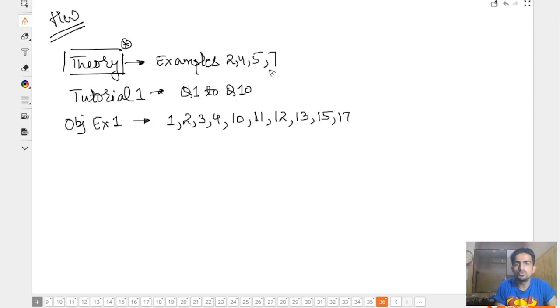From there, you have to do these examples 2, 4, 5, 7. It will be by the name of theory and notes. Okay. Then tutorials are shared with you. From tutorial 1, you have to cover question 1 to question 10. Yes, Rajneesh, objective exercise 1 is shared with you, and these are the questions you have to cover after the lecture.